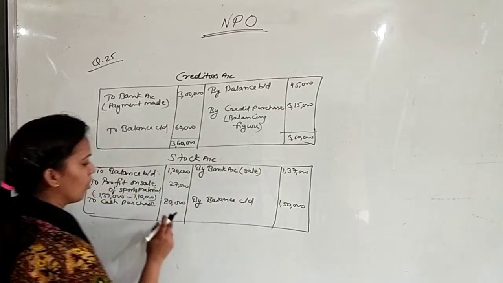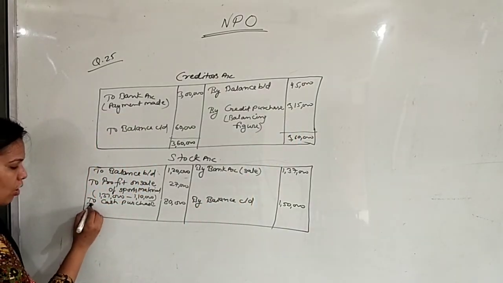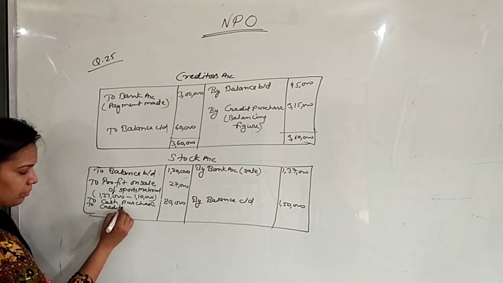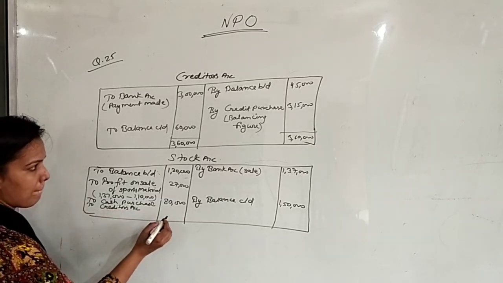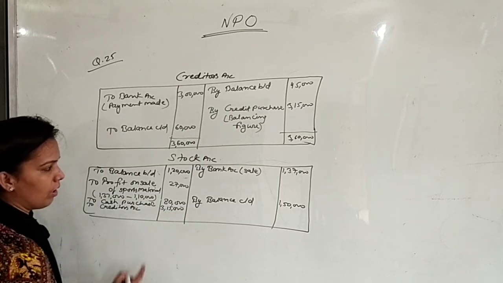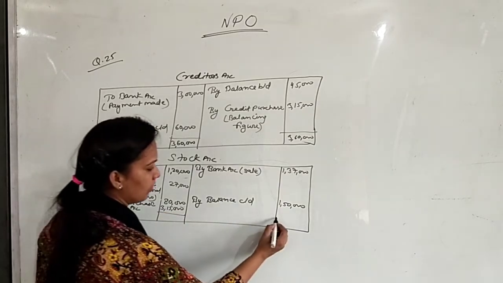This credit purchase will also be transferred to your stock account, to creditors account. 3,15,000. Now close your stock account.